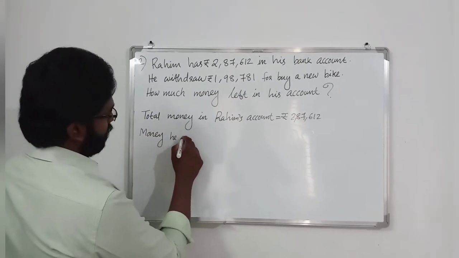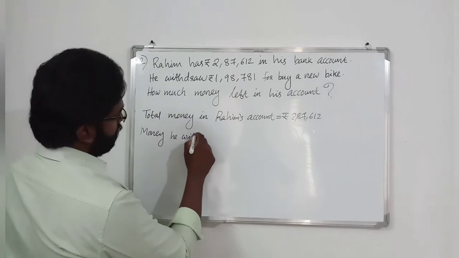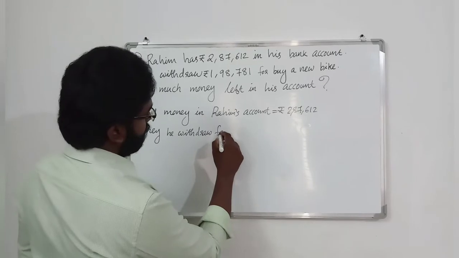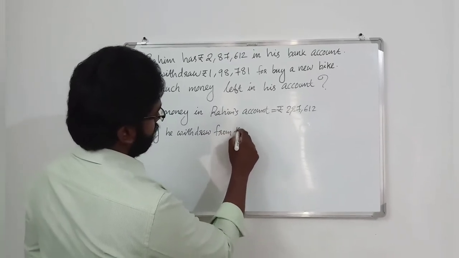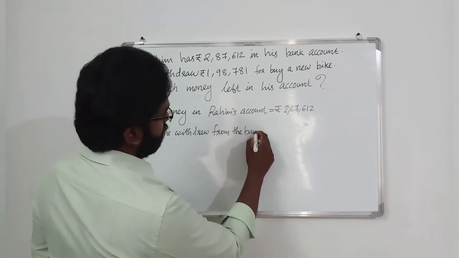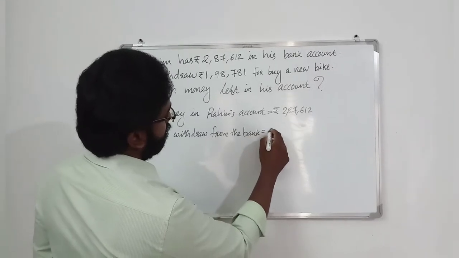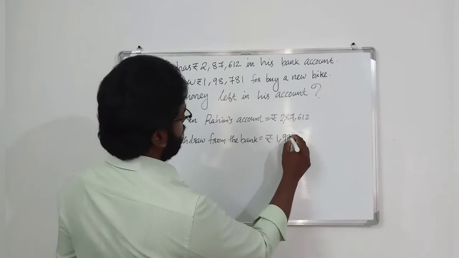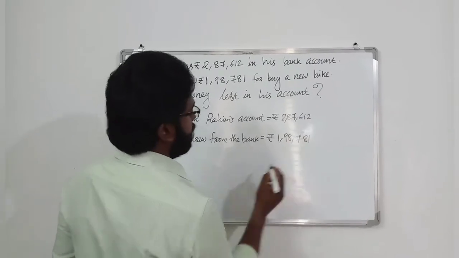Money he withdrew from the bank, 1,98,781.